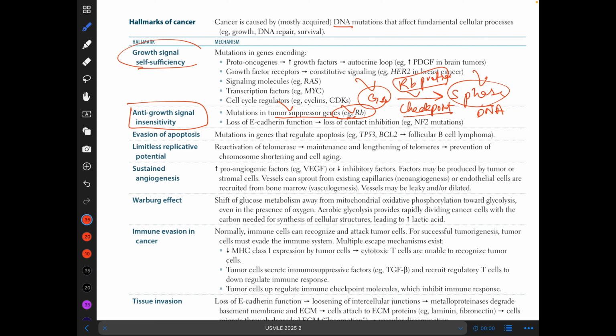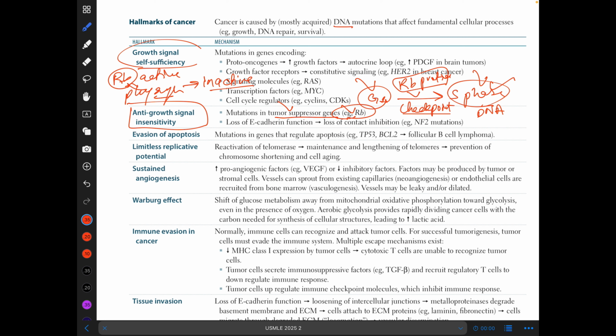Because this is a checkpoint, many abnormal cells are not able to grow, but if we send them on, that will become dangerous, and in the future they will become cancer cells. And we'll see how RB becomes active. RB is active, but after phosphorylation RB becomes inactive. The phosphorylation of RB causes the inactivation of RB proteins.